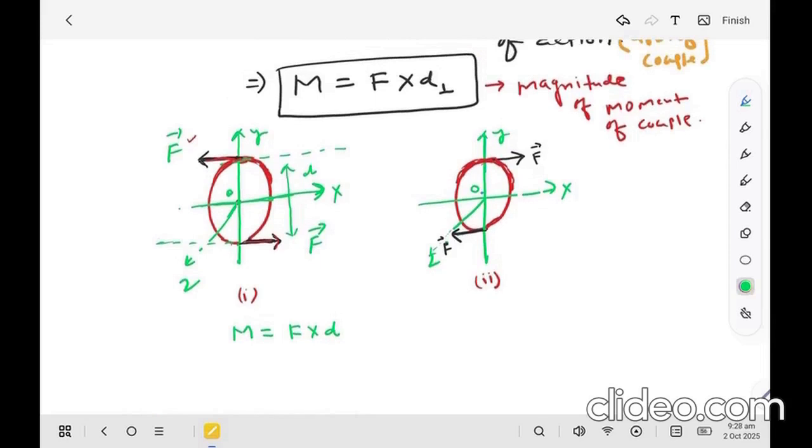Now we consider the second case. In the second case, again the same object, and a couple is acting on this body in a given plane. If I draw the line of action of the forces, the distance between the lines of action of the forces is d.